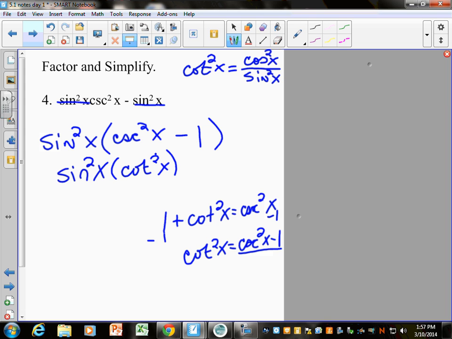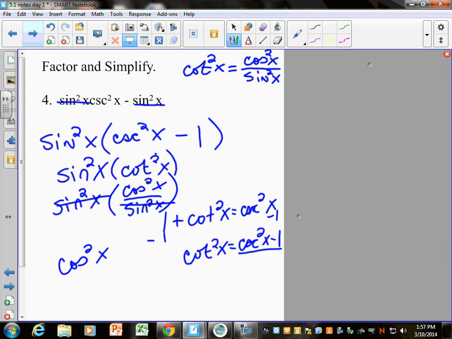I'm just using the rules of algebra. That's what it means to do analytic trig. We're taking trig, and we're throwing in some algebra, which means if I have an equation that's true, I can square both sides of that equation, which means I can simplify this and say cotangent squared is the same as cosine squared over sine squared. Which means that is the same as just saying cosine squared x.